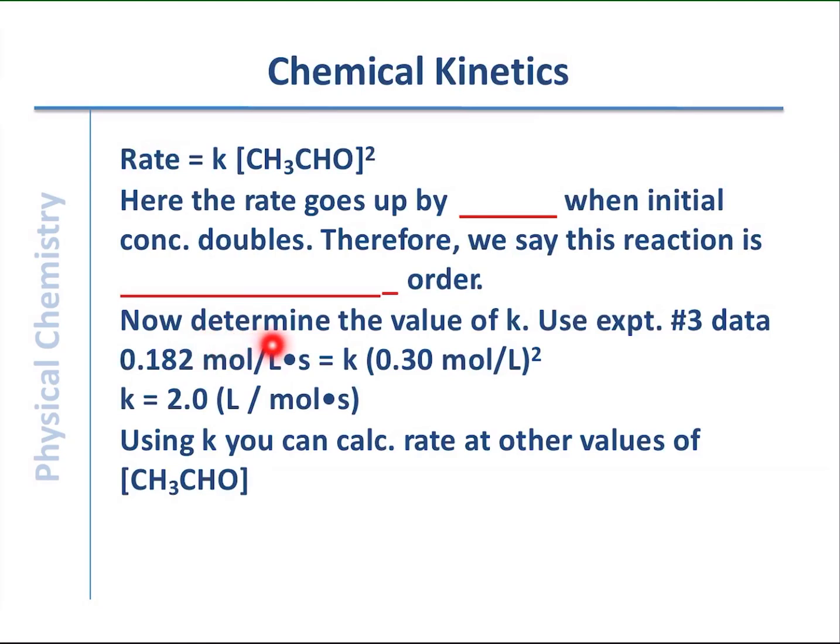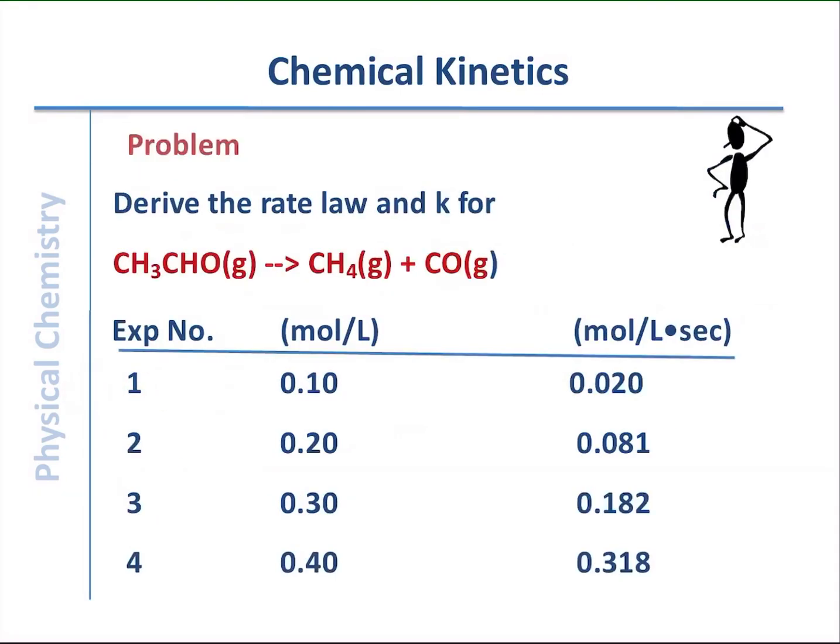Now you know that this reaction is second order, and you have to determine the value of K, which is the rate constant, using experiment 3 data. Here in experiment 3, this is the concentration and this is the reaction rate. Can you determine the rate constant of this reaction?